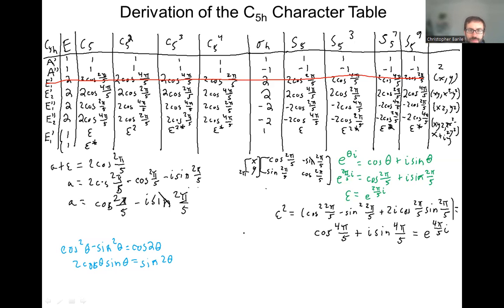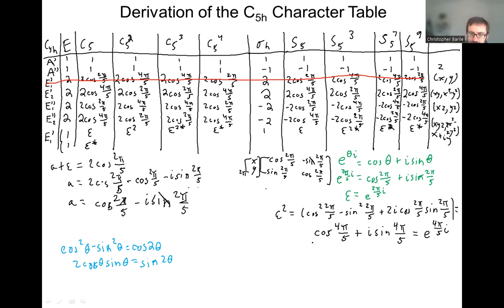And then we can do the same thing with epsilon squared. Well, epsilon squared, we know is equal to e to 4 pi over 5i. And we're going to get now 2 epsilon squared plus some value b or whatever is equal to 2 cosine 4 pi over 5. So this value is going to be 2 cosine 4 pi over 5 minus epsilon squared.